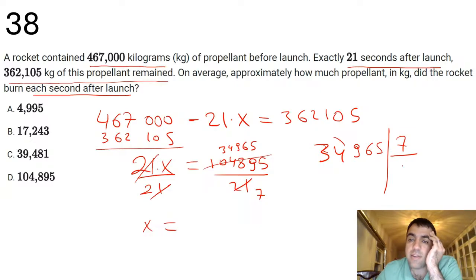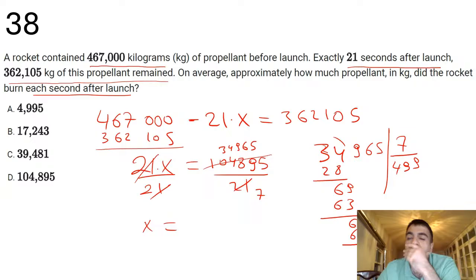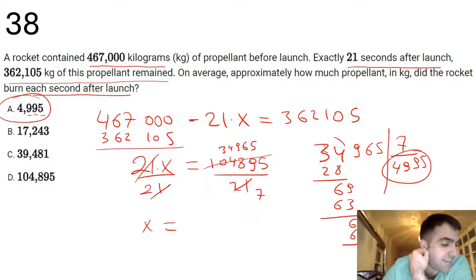We get 4 here, 28, 69, we get 9 here, 63, and we get 9 again here, 63, and 35, 5. Okay, we get the answer: 4,995. The correct answer was A.